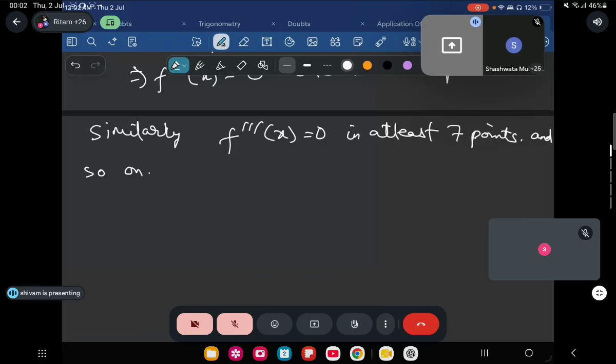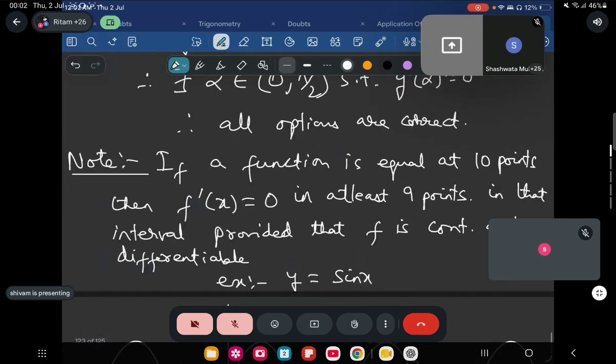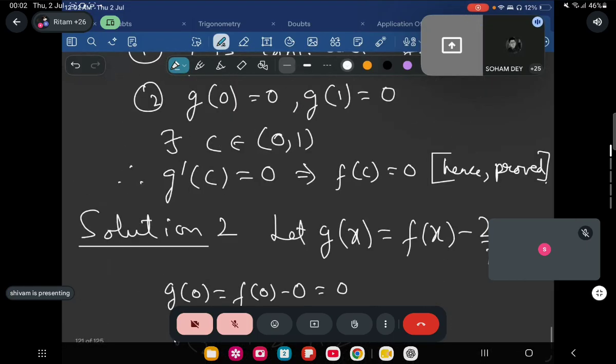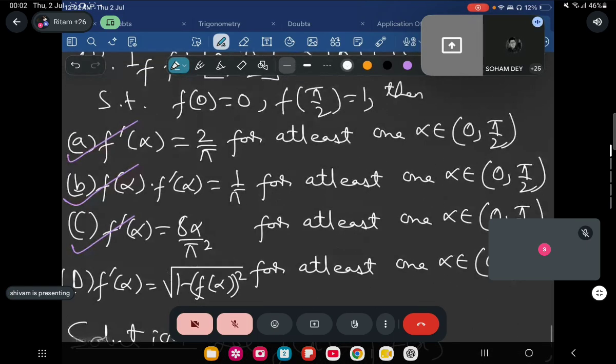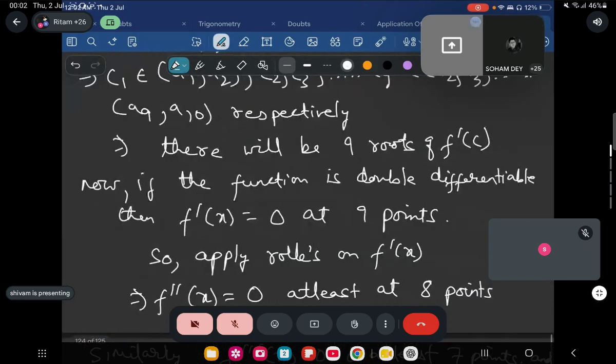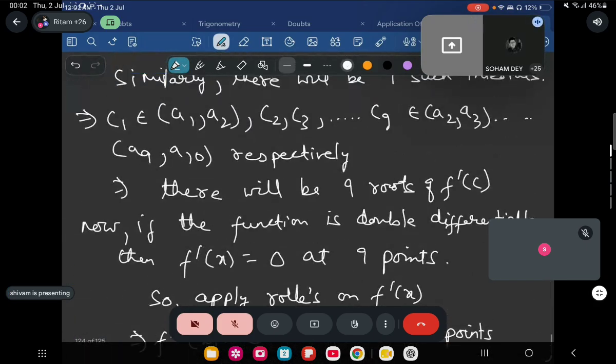Okay, anyways, let us do another problem. Question number. Sir, could you show the part after the sin x graph, or zoom out of the part?